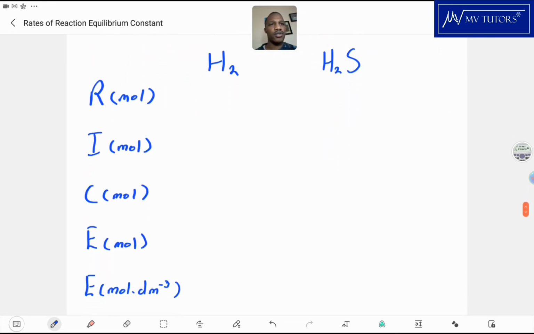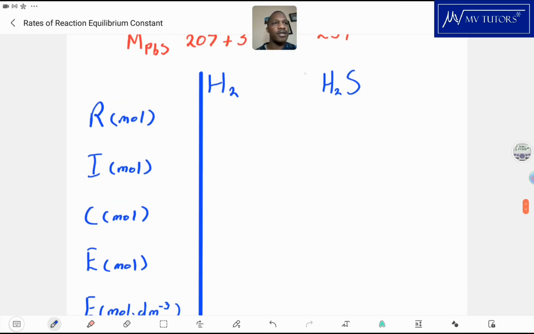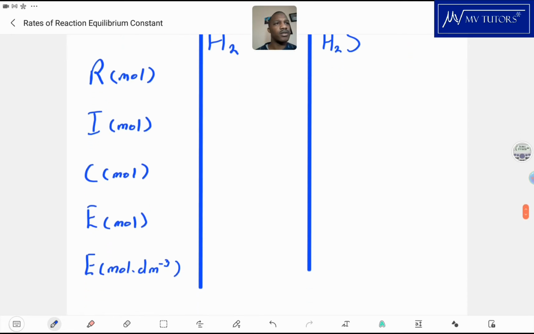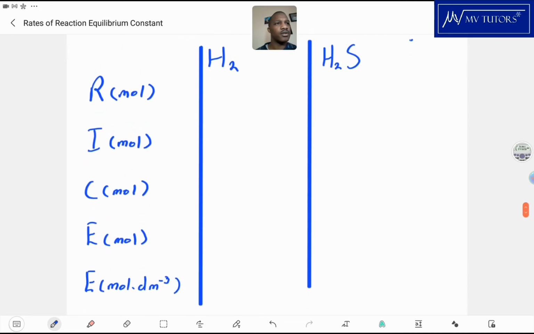Now let's just go on and draw our table. Because I don't have graph paper, I have to do it manually, but in the exam, surely you'll have graph paper. So let's just complete it right over there. Good, let's do this one.